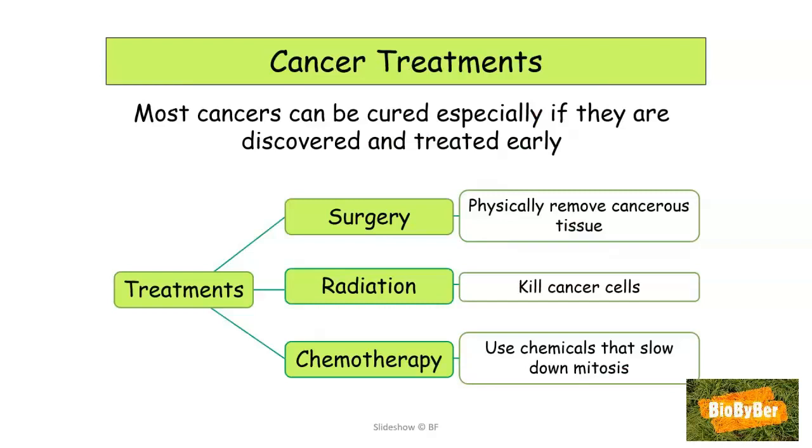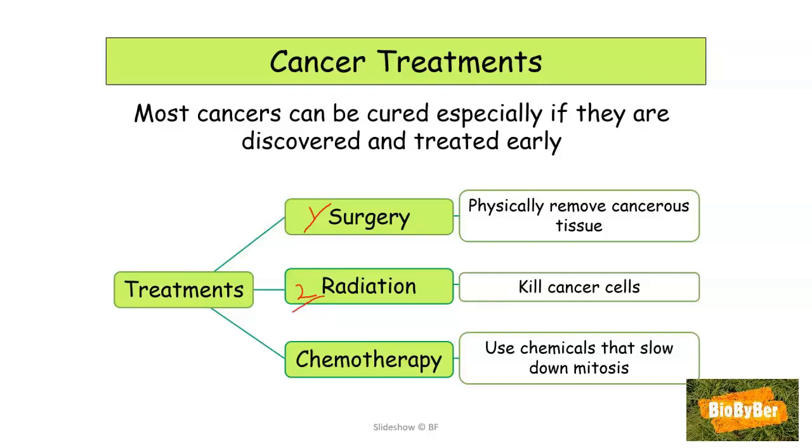Now, most cancers can be cured, especially, and this is the important point, if they are discovered and treated early. Treatments for cancer involve surgery, where cancerous tissue would be physically removed. A second treatment is radiation, where radiation is used to kill cancer cells.